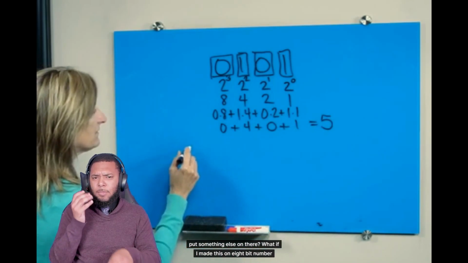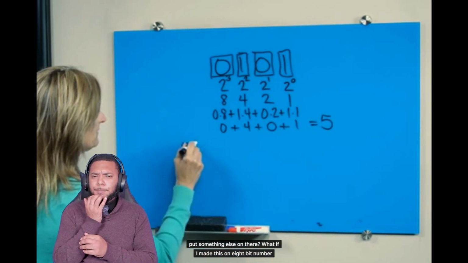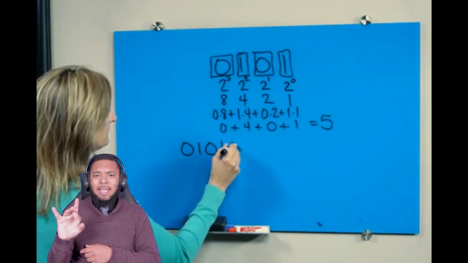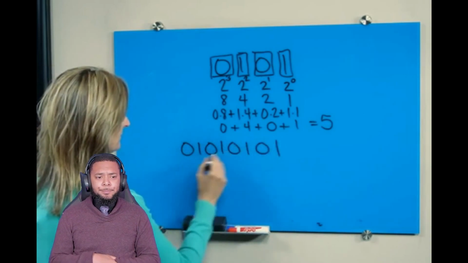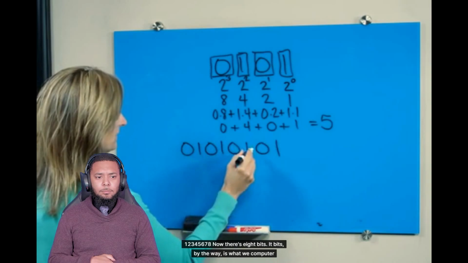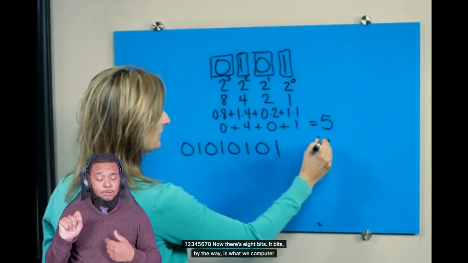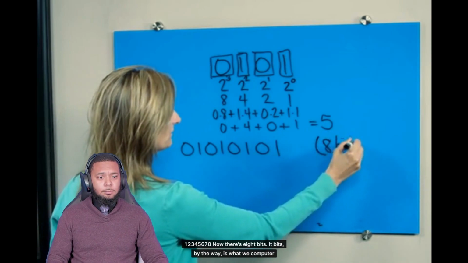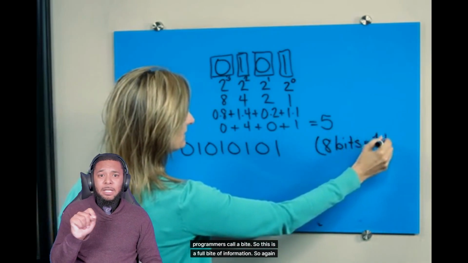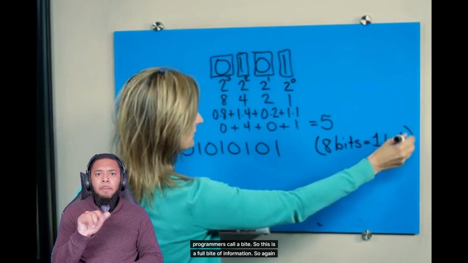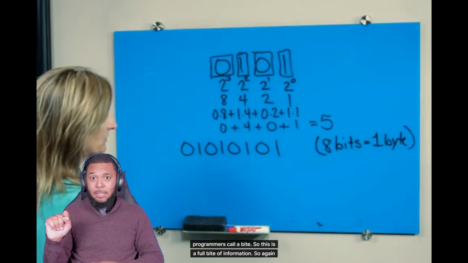But what if I put something else on there? What if I made this an 8-bit number? 1, 2, 3, 4, 5, 6, 7, 8. Now there's 8 bits. 8 bits, by the way, is what we computer programmers call a byte. So this is a full byte of information.